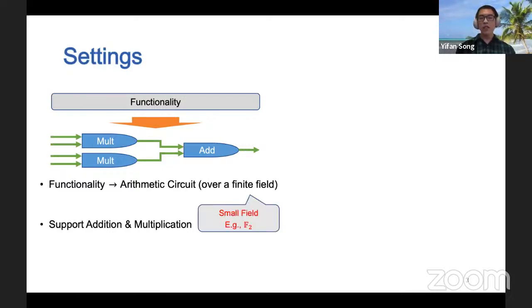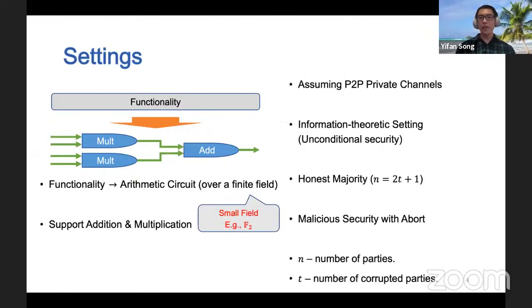In this work, we focus on small fields, such as the binary field. We focus on the information-theoretic setting with honest majority and assume a P2P channel between every pair of parties. We are interested in malicious security with abort. In the following, I will use N for the number of parties and T for the number of corrupted parties.